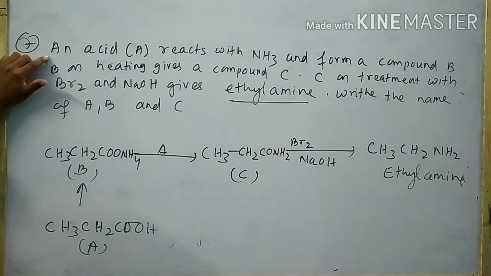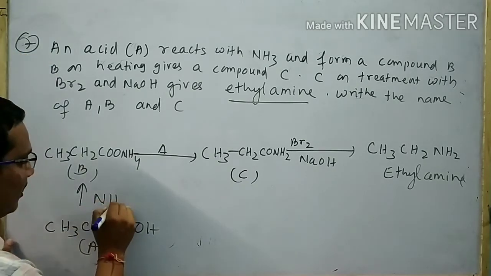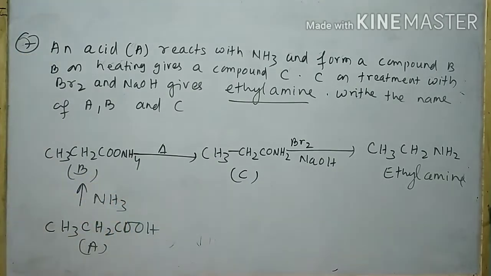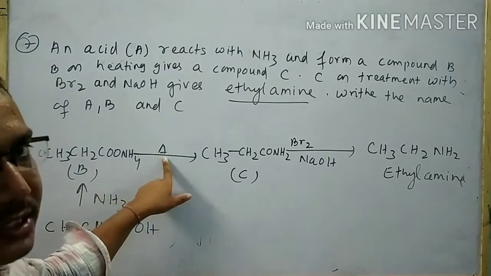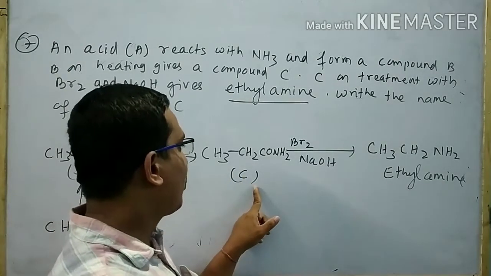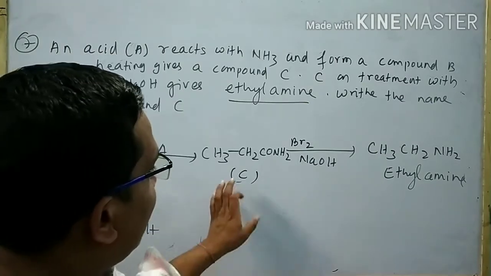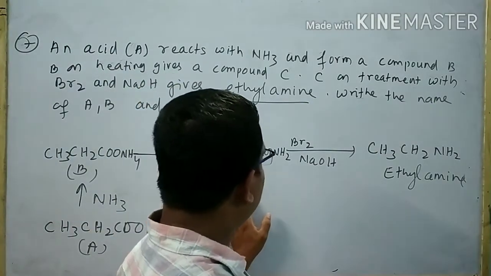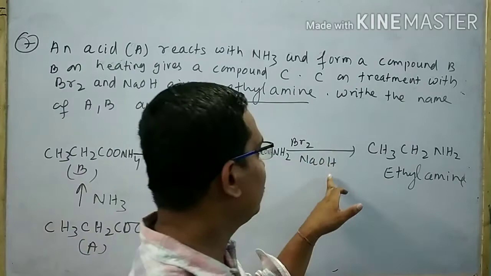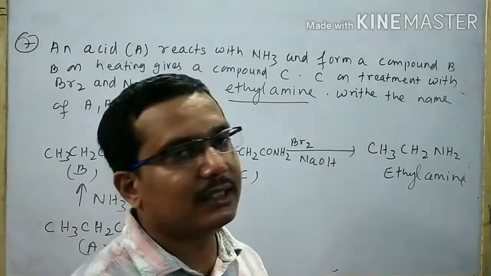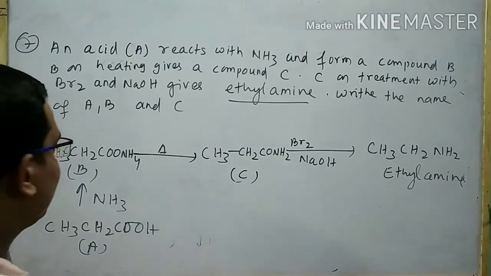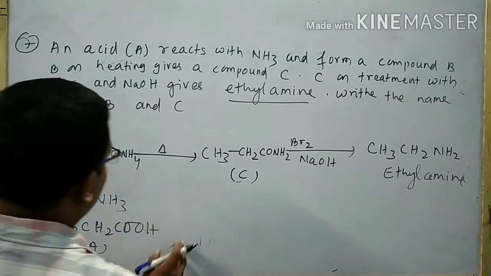Then A is reacted with NH3, and ammonium propionate is formed. When ammonium propionate is heated, propanamide is formed. The C product, propanamide, is reacted with Br2 in the presence of NaOH, and ethylamine is formed. It is necessary to write the names of the products, otherwise marks will be reduced.